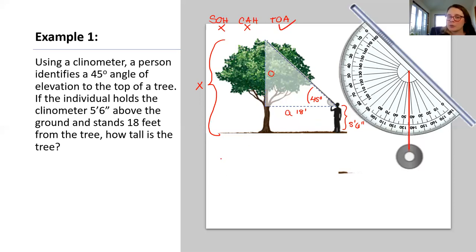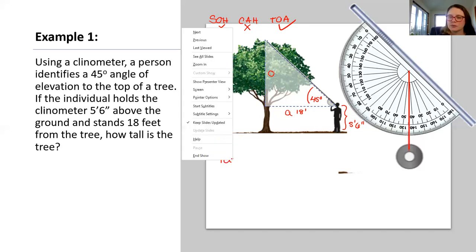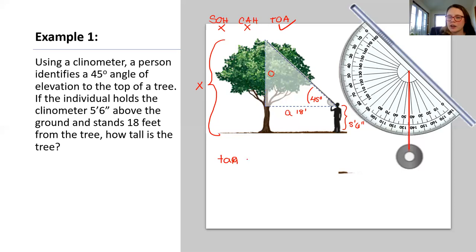So let's plug our numbers in. So the tan of an angle is equal to opposite over adjacent. The O comes first, so it's on top. So the tan of 45 degrees is equal to the opposite side, that's going to be connected to the height of our tree, divided by the adjacent side of 18 feet.